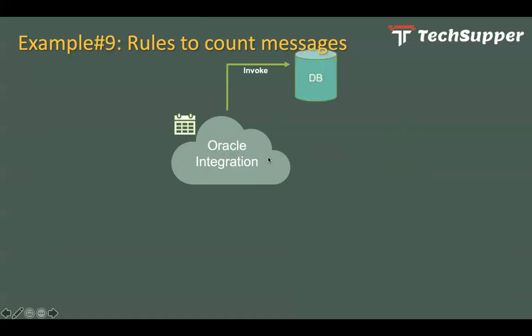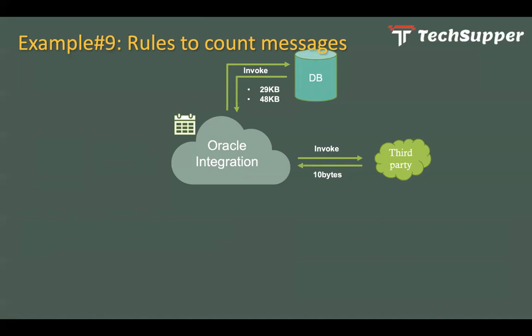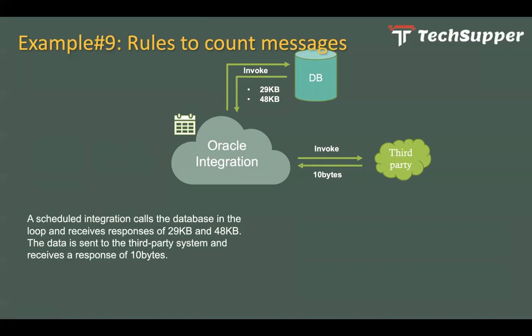What is another example? So here, let's suppose you have the database and a scheduled Oracle Integration. You are calling the database multiple times, let's say 2 times, and in each call you are getting a response, 29 KB and another of 48 KB. Then you call the third party system and you receive a response of 10 bytes.